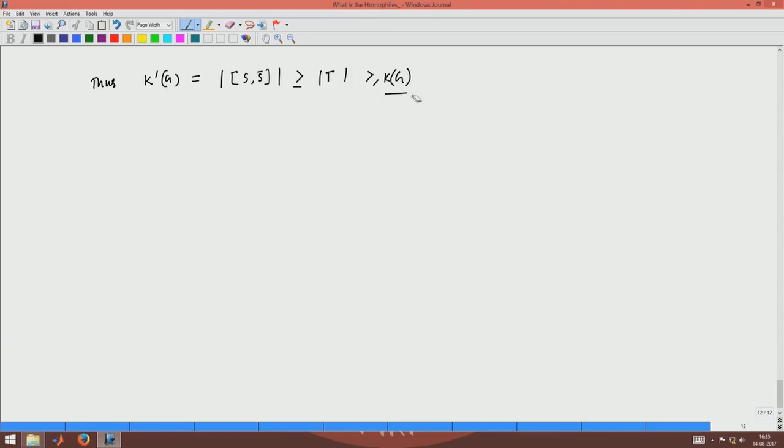So, what we have proved is that for any given simple graph, the vertex connectivity is always smaller than the edge connectivity, and the edge connectivity is always smaller than the minimum degree. Thank you very much.